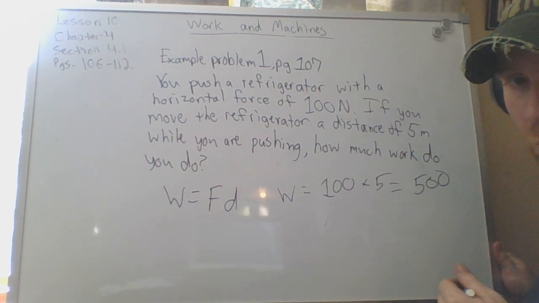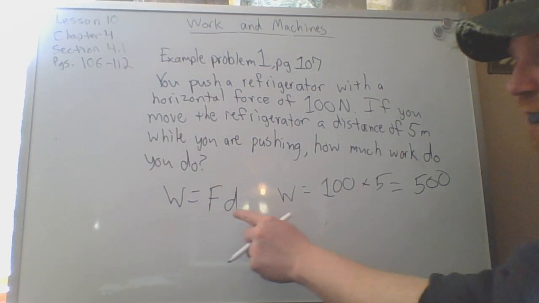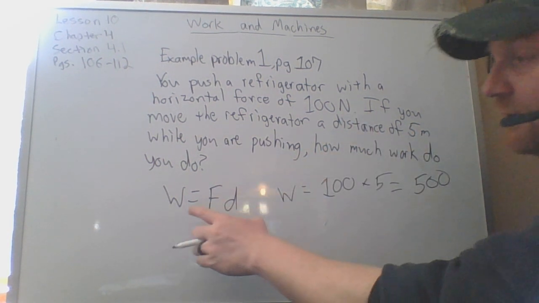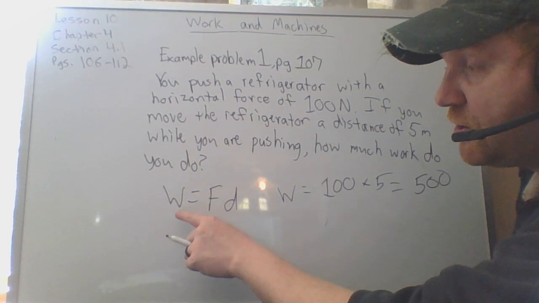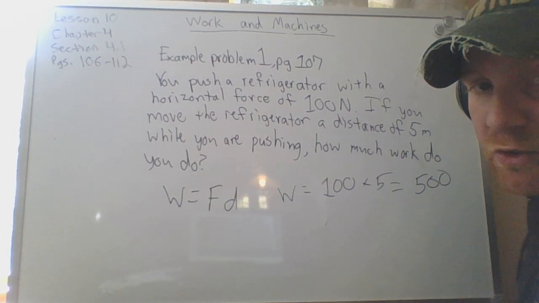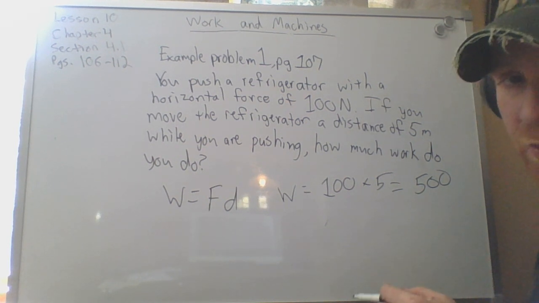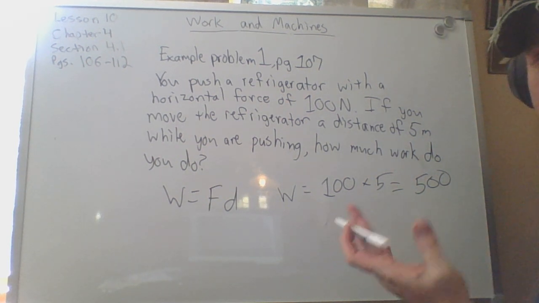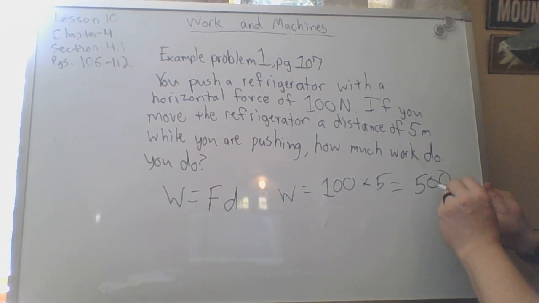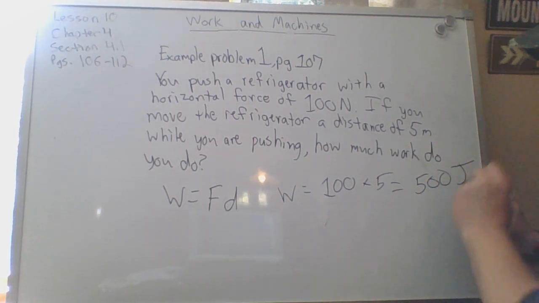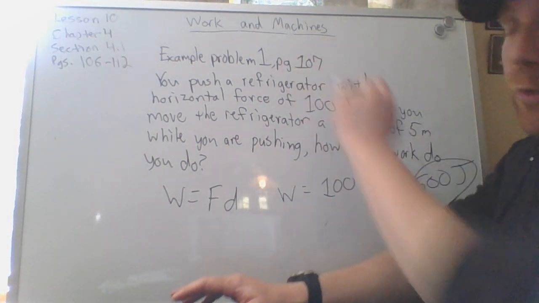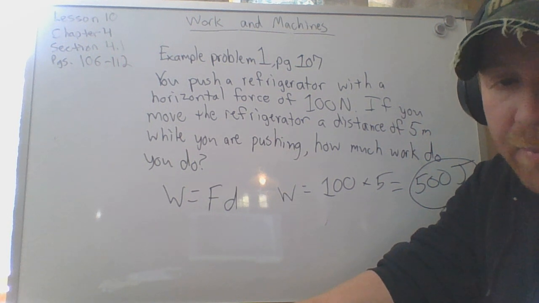But 500 what? We could say 500 newtons times meters, but I mentioned that work is a unit of energy, and it's measured in joules, abbreviation capital J. So we are going to use 500 joules. That is the answer for example 1.